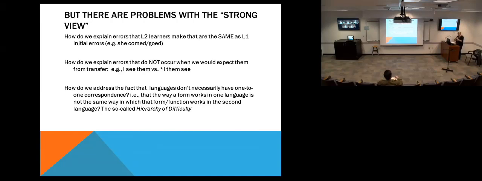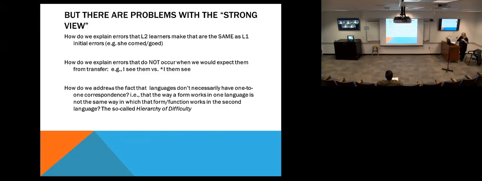But there are some problems with that, right? We've already seen some of the problems looking at the data analysis, but here they are again. How do we explain errors that L2 learners make that are the same as L1 initial errors? For example, a classic child L1 English error is to try and regularize irregular tenses, right?